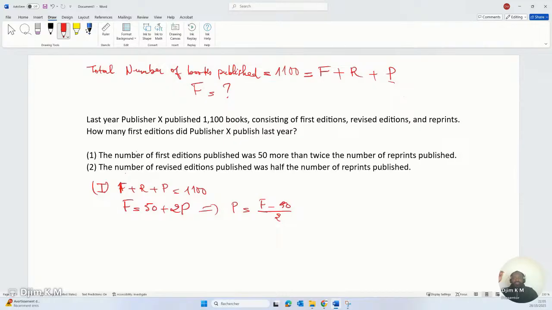And if we try to replace P here, we have F plus R plus F over 2 minus 25. So we still have this value here that we don't know. We don't know the number of revised editions, so it's not sufficient.